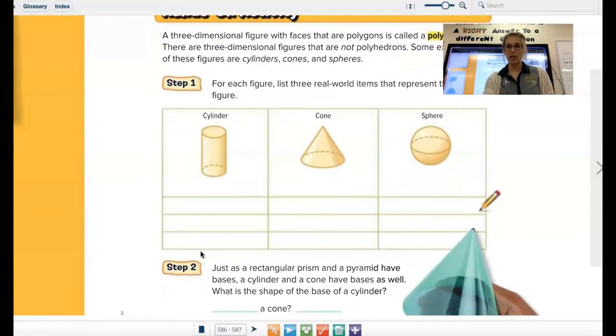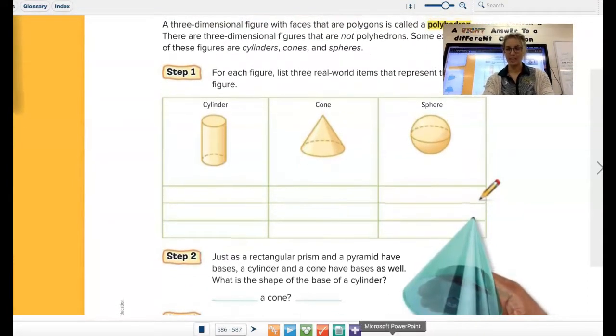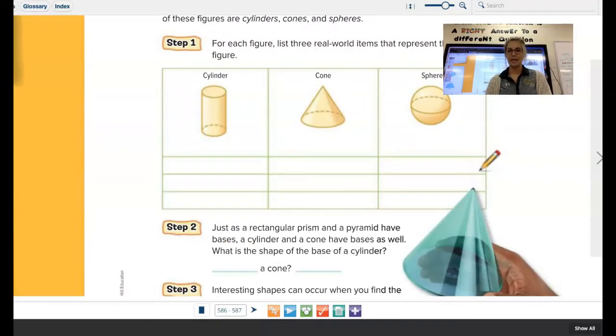So we're going to talk about each of those shapes and some real world examples. One real world example of a cylinder I always think about is a can. When you have a can of beans, a can of corn, those are cylinders.